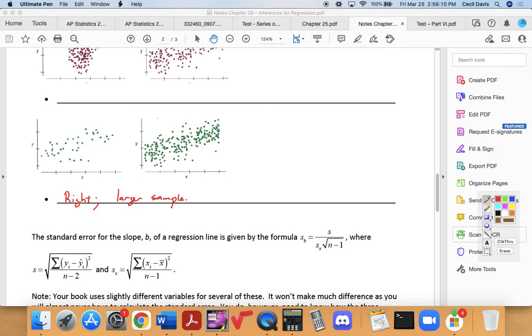All right, so the standard error of a regression line is given by this formula. S sub b, b stands for the slope here of the regression line. So that's the slope of the regression, and that's just the b, not the S sub b.